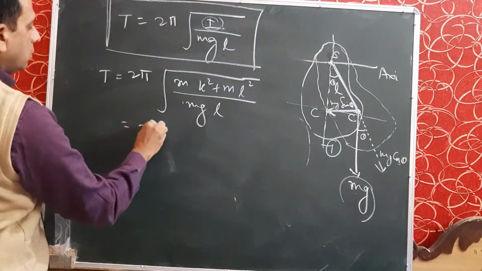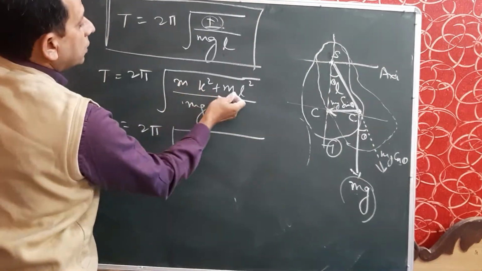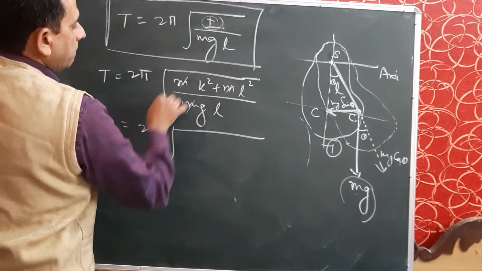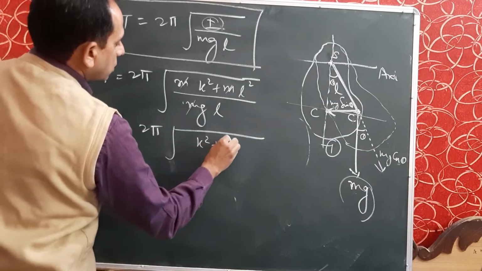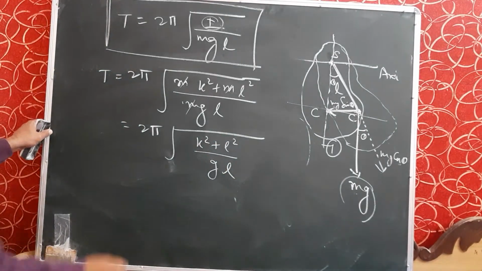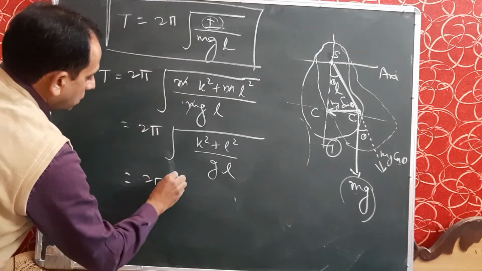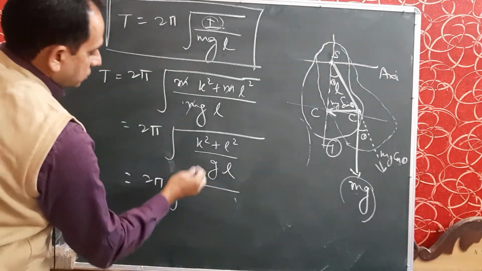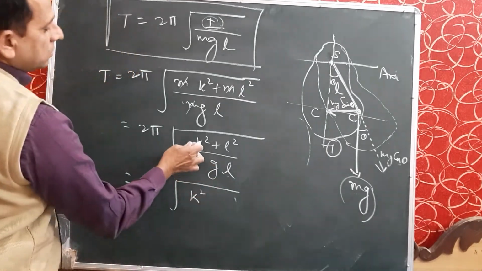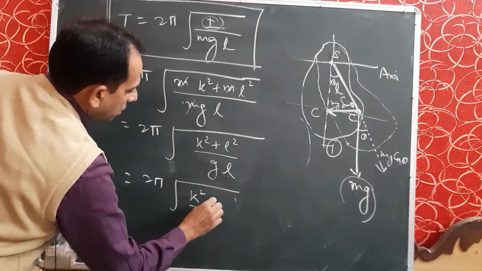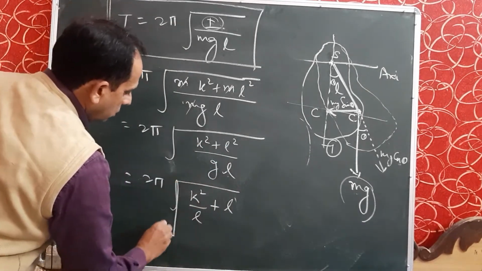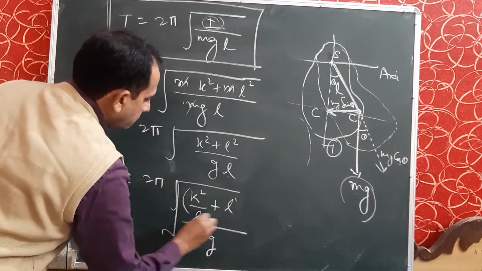On solving, we take m common from the numerator, and this m cancels with the m, and the final answer is (K² plus L²) over gL, or it is 2π under the root of (K²/L plus L²/L, that is L) over g.